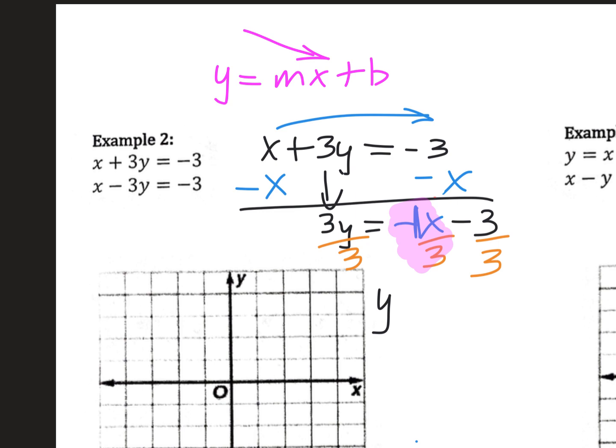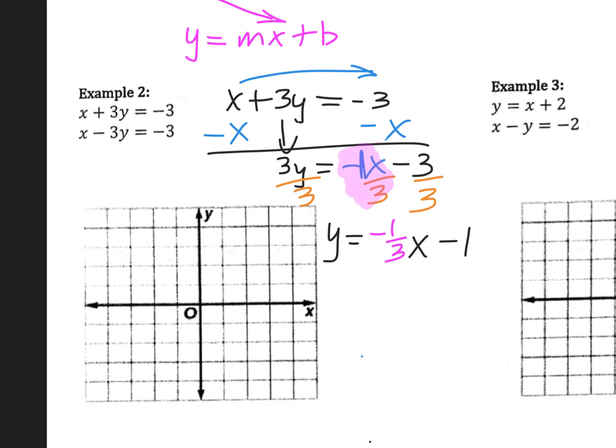We do not need to simplify this at all because it's already simplified. 1 over 3 is as simple as it's going to get. Don't forget that there is a negative there, though. Also, don't forget about your x. And finally, if I do negative 3 divided by positive 3, that is going to be a minus 1. So now I've got it in y equals mx plus b.